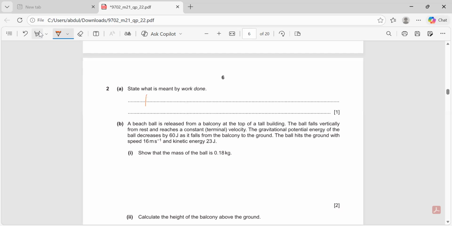I'm just using the shortcuts here, sons. So we can write force times distance, or you can write displacement in the direction of force. Only one mark, so that is more than enough. Now next.